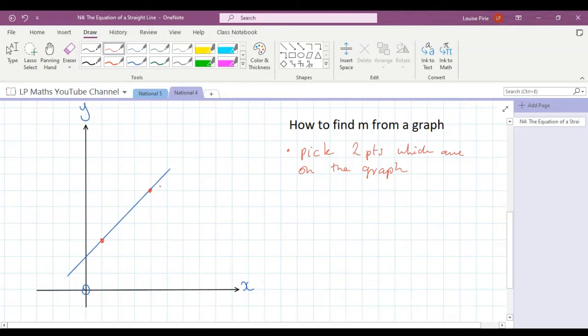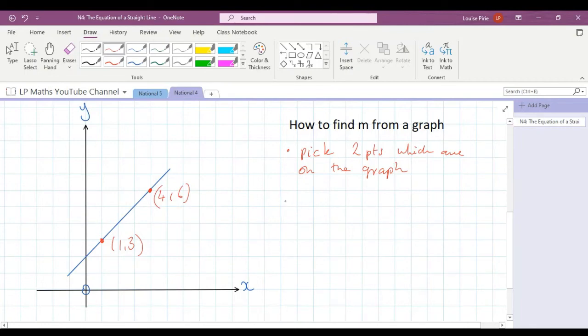I could choose any of the points on this line, as long as they're any 2 points which are easy to define, and that makes it nice and easy. This point here is 1, 3, and this point here is going to be 4, 6.